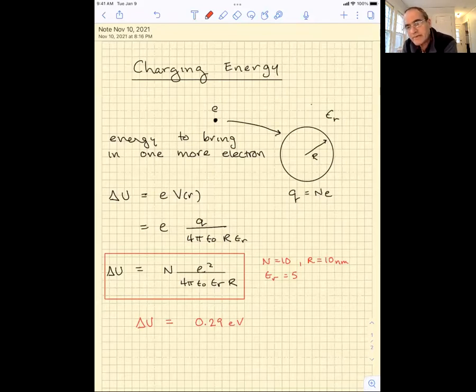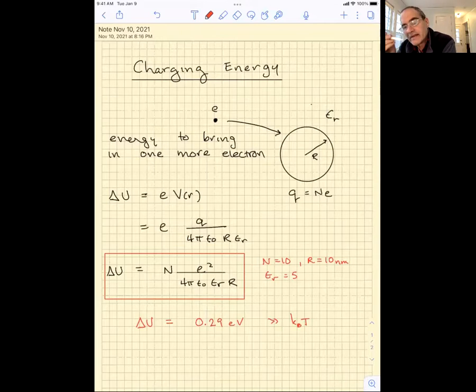And that's kind of interesting, isn't it? I mean, it's an appreciable energy. It takes an appreciable energy to bring another electron to this quantum dot, basically because it's so small, because r is such a small number. What's interesting about this number is, well, it's about 10 times Boltzmann's constant times T at room temperature.